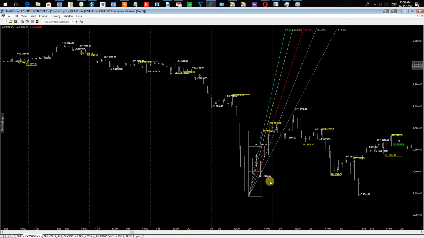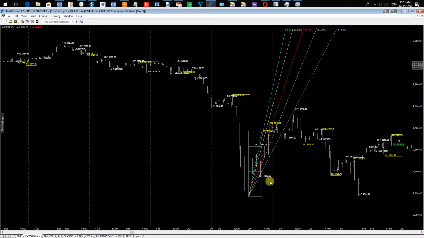So let's review. In a falling market, if you're looking for lower highs, you pick a higher high and a lower high. If you're looking for the lower lows, you pick a high point and a low point, a higher high and a lower low, to get the projection on the lower lows in a falling market.